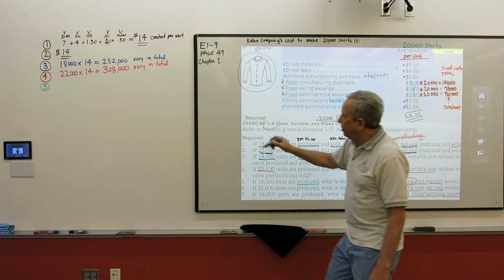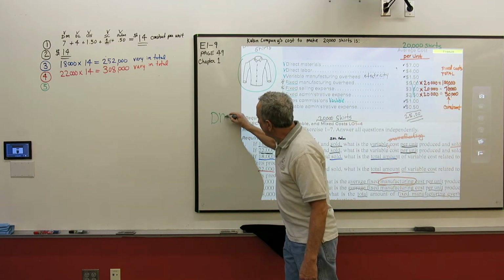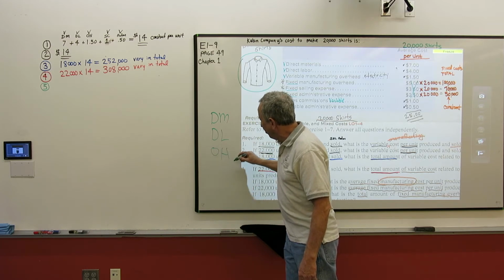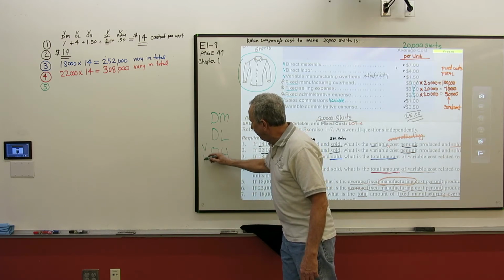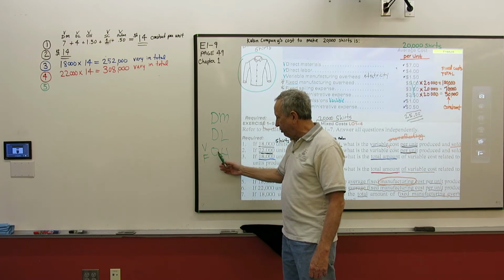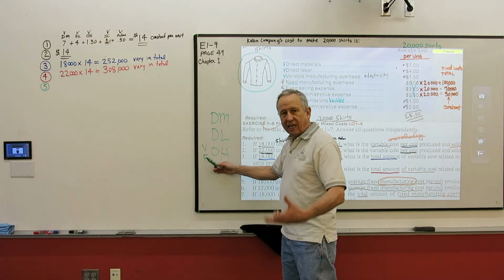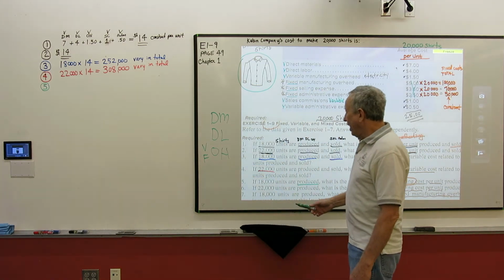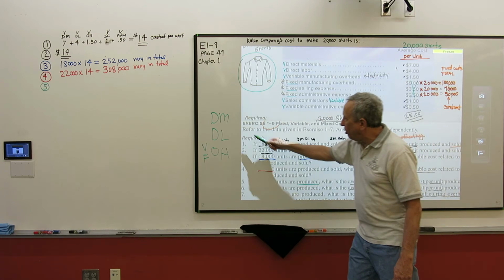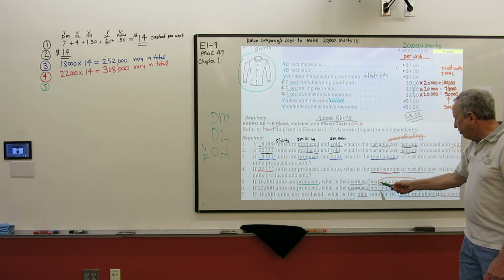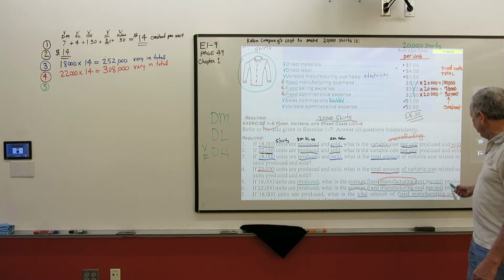Remember, production costs are direct materials, direct labor, and overhead. You can have both variable overhead and fixed overhead. Variable overhead is usually electricity. Fixed overhead is heat, light, utilities, property taxes, stuff like that. So they want only the average fixed manufacturing cost per unit.